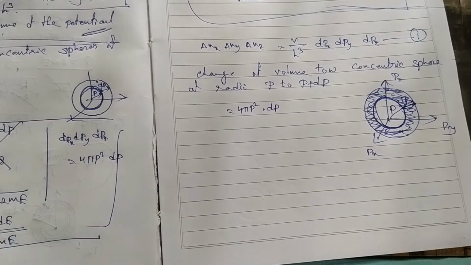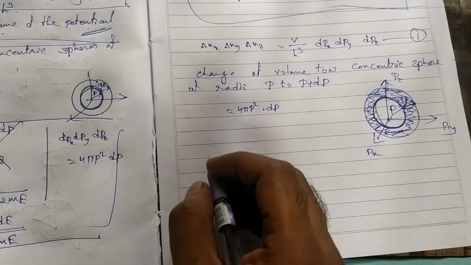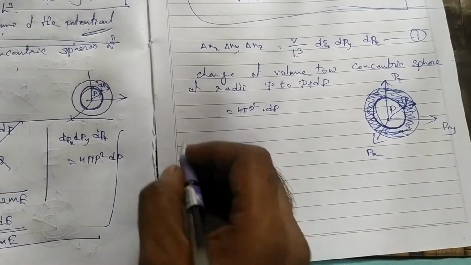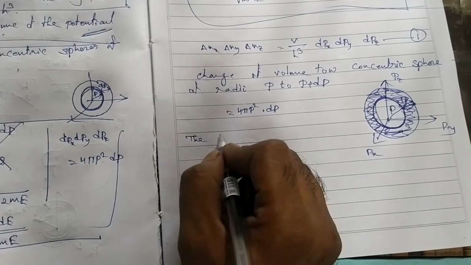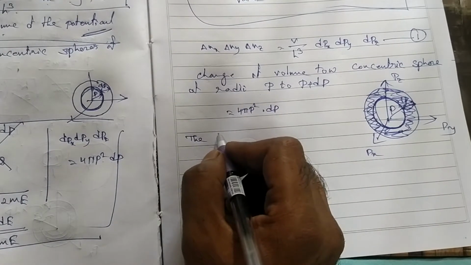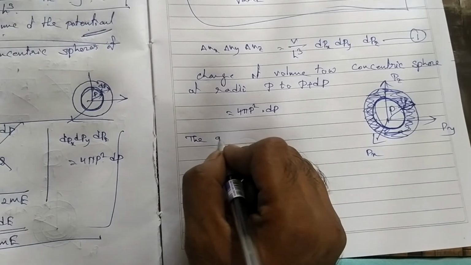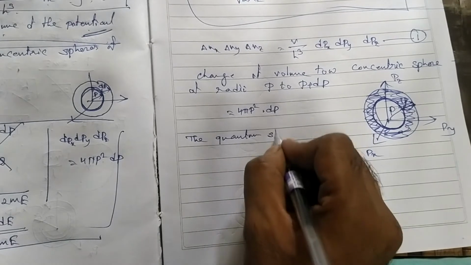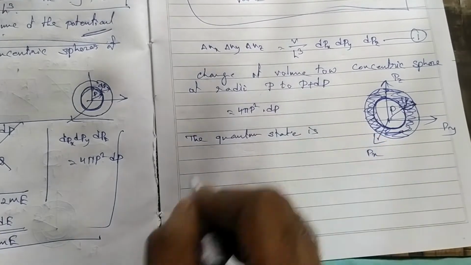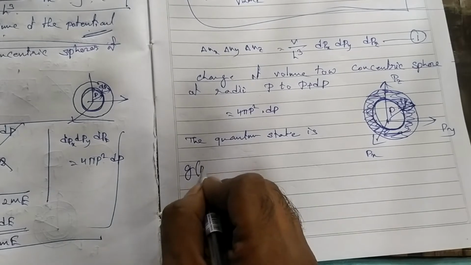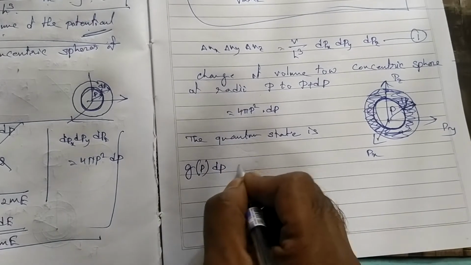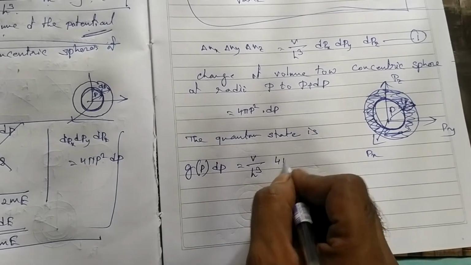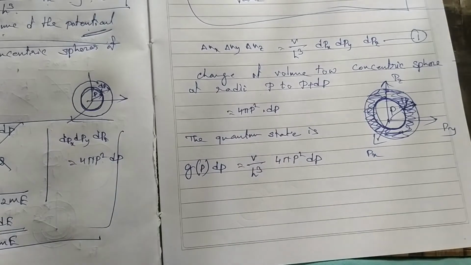This is the changing volume. So the quantum state is written by g(p) dp equal to V by h cube 4 pi p square dp.